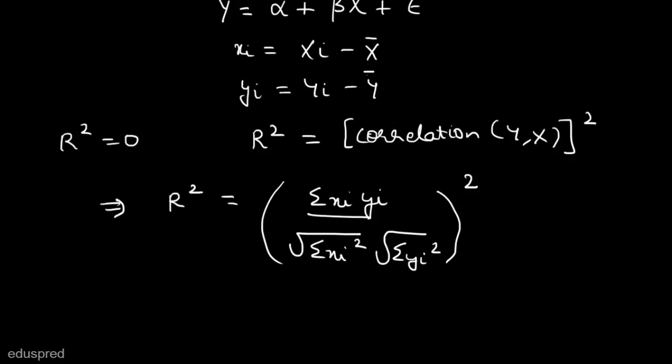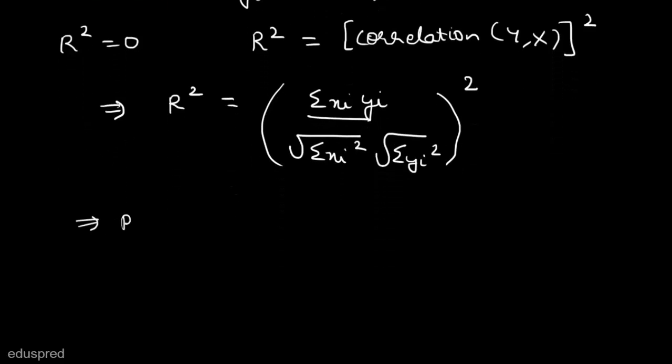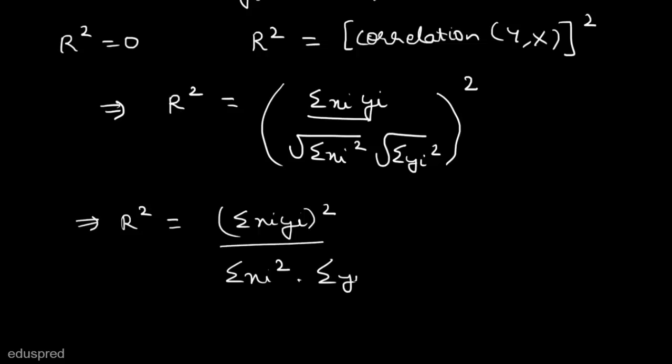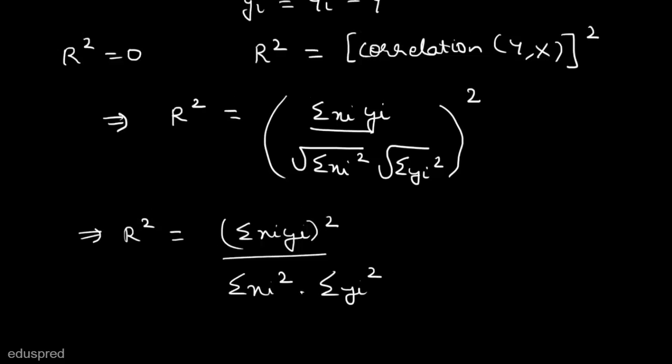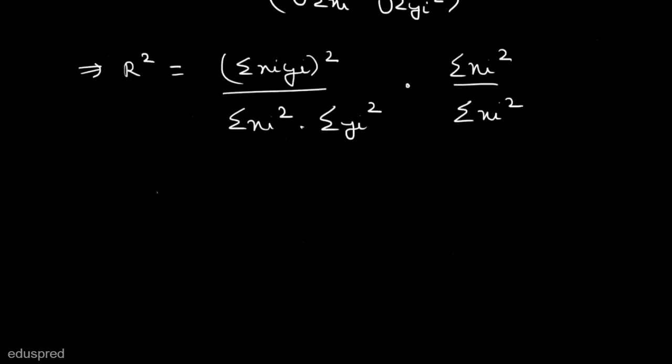Now let's manipulate this formula a bit. This implies that r square is equal to summation xi yi whole square divided by summation xi square multiplied by summation yi square. And now I'm dividing and multiplying this equation by summation xi square. So I'm writing it like this. Now note that we know that beta hat, which is an estimator of beta, is equal to summation xi yi divided by summation xi square.